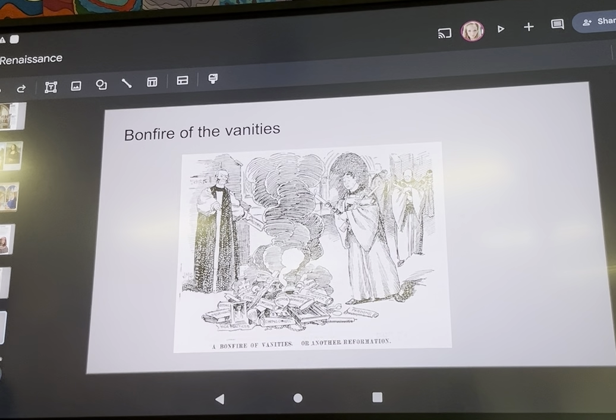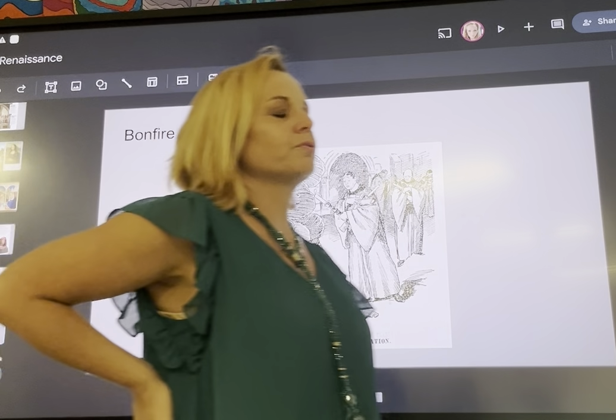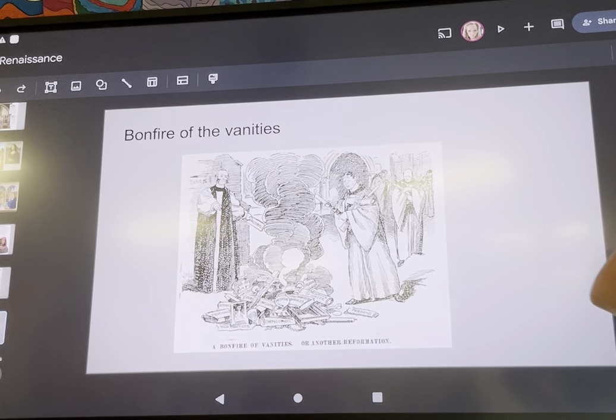Something interesting happened. There was a Dominican friar by the name of Savonarola, and he was very disappointed and angry with the Catholic Church. So he gathered what he called sins and vices, and he put them all in a bonfire.